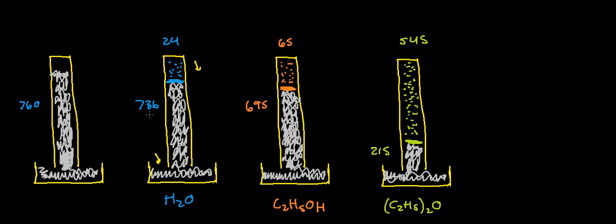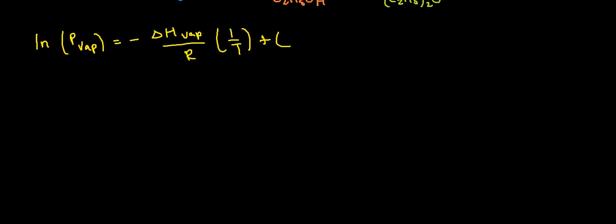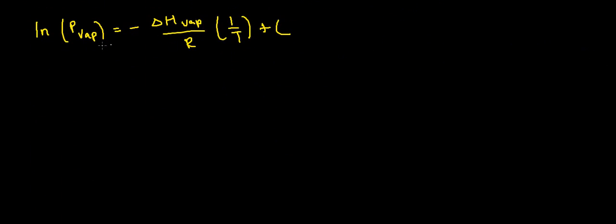And temperature, the other determining factor of vapor pressures, should make a lot of sense, because if I heat something, the molecules are going to have more energy, so more of them will become a gas. And one more thing is a formula for determining the vapor pressure given a temperature. So as I said, the temperature will cause the vapor pressure to change.